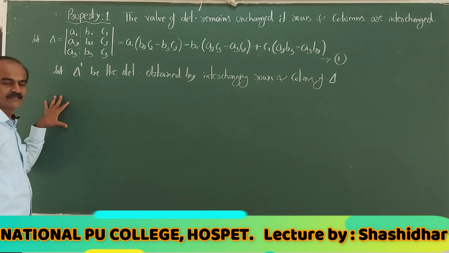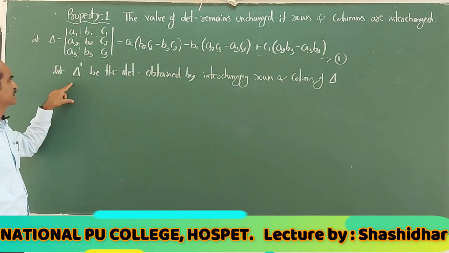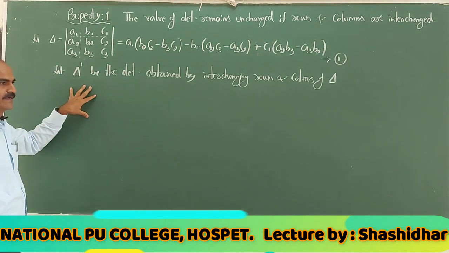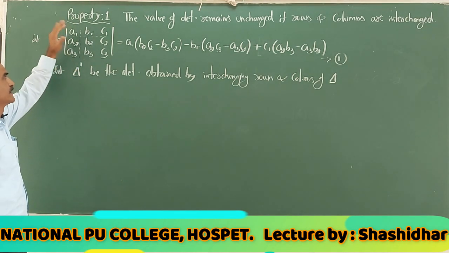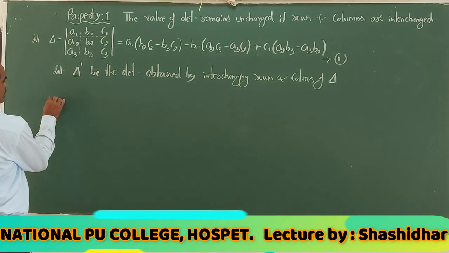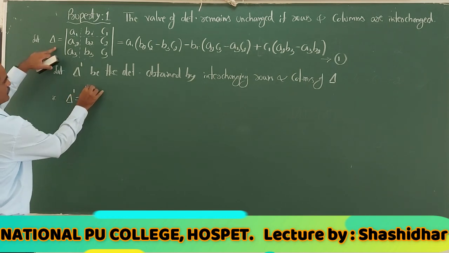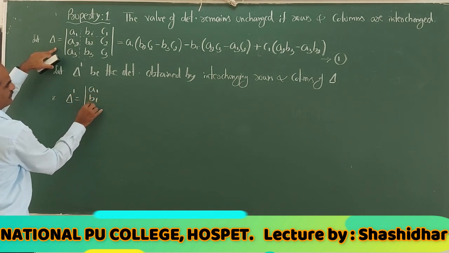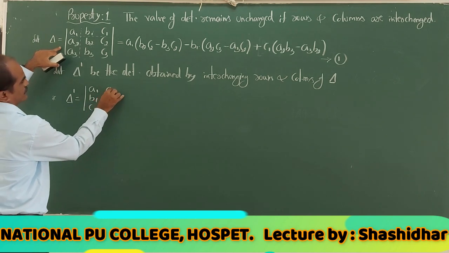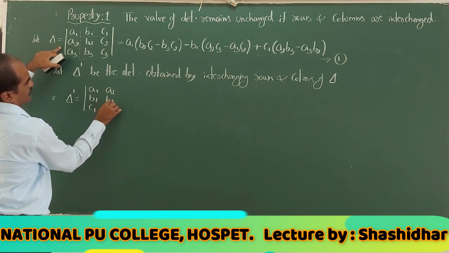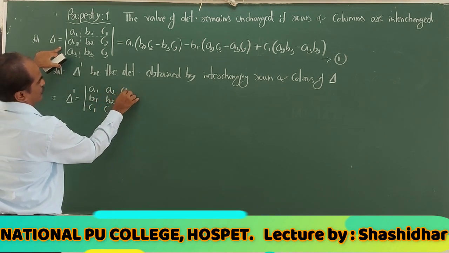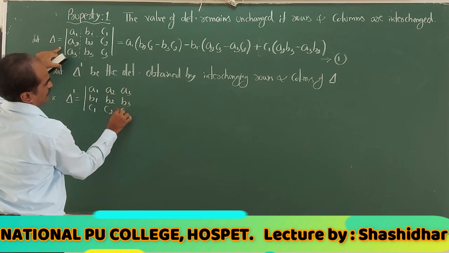So I am constructing one more determinant. Name is delta dash. How is it obtained? By interchanging rows into columns of delta. That is delta dash equal to: in the first column I have to write A1, B1, C1. Second column A2, B2, C2. Third column A3, B3, C3.